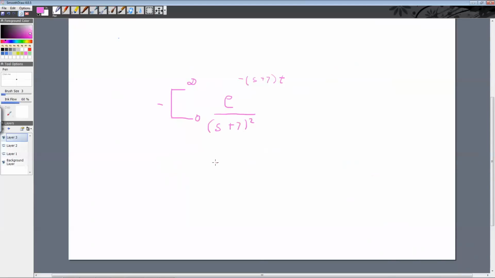Infinity drives that all to 0. Putting this at 0 makes that 1.